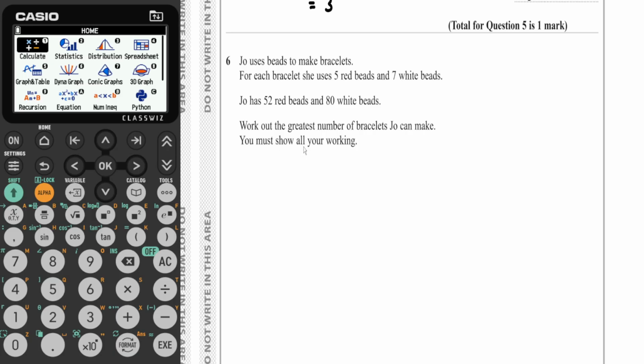So we've got red and white beads. She has available 52 red beads and 80 white beads. And what we know is for each bracelet we require 5 red beads and 7 white beads.